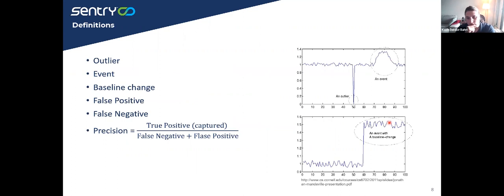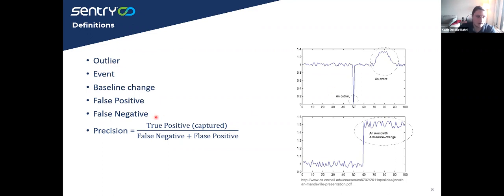Before jumping into the methodology, I would like to go over some definitions just to ensure we are on the same page. We have an outlier, which is a few timestamps that are inconsistent with the background. And we have events. This is important to differentiate between these two.